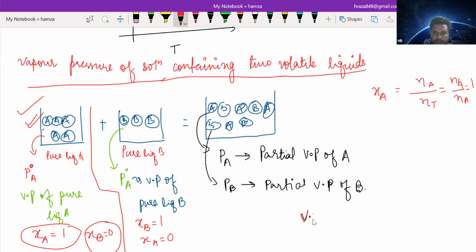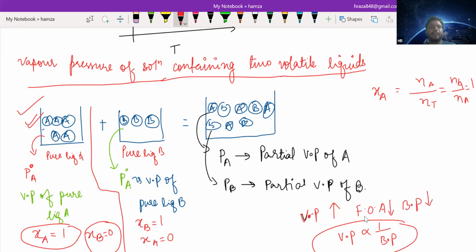No, see, high. Yes. If vapor pressure is higher, that means force of attraction is lower. That means it will be easily convertible to vapor. That means the boiling point is low. So basically vapor pressure is inversely proportional to boiling point. That's why ethanol, C2H5OH, has more vapor pressure than water, and so has a lower boiling point than water.